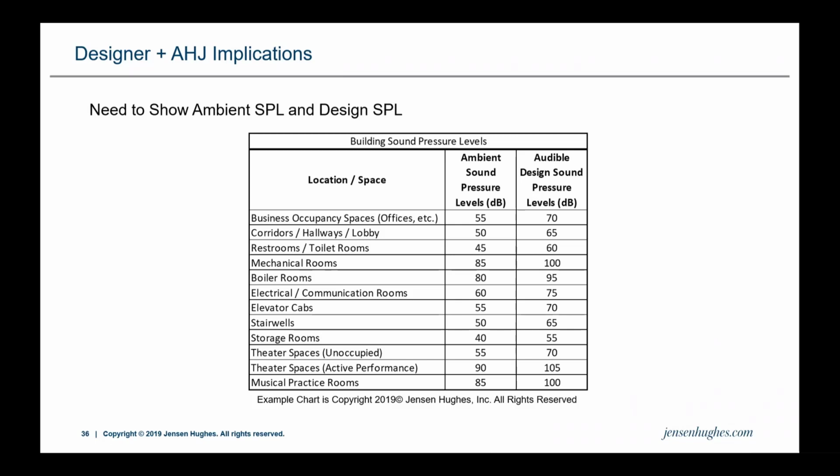But during an active performance, you might have 90 dB, you might have quite a bit more than that. Think of gunshots, explosions, other things that they might feature in a theater performance. So we're getting pretty high. Once we're cresting 100, that's a pretty high number, and we need to start thinking what else we can do.